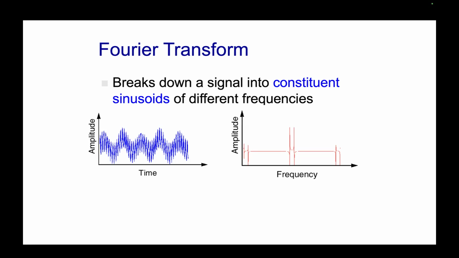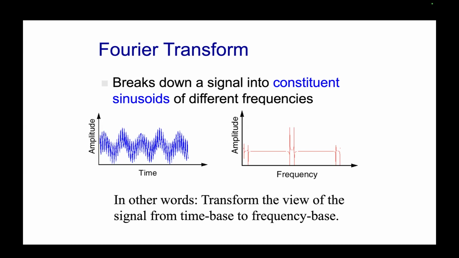Whether it is an audio signal, EEG signal, or any biomedical time series signal, or any time series signal for that matter, it looks like this. Now the Fourier transform converts this signal to the one on the right hand side. On the x-axis, we have frequency, and on the y-axis, we have amplitude. So it transforms the view of the signal from time-based to frequency-based.